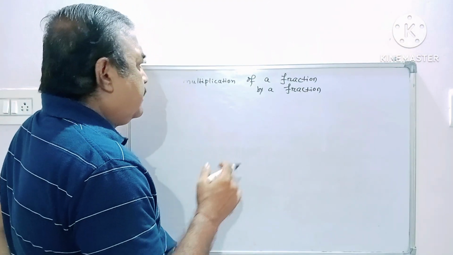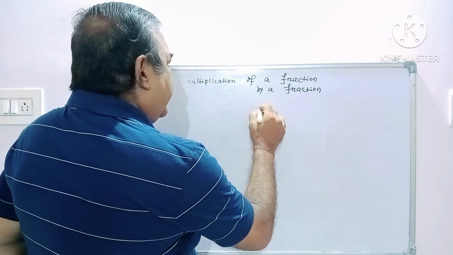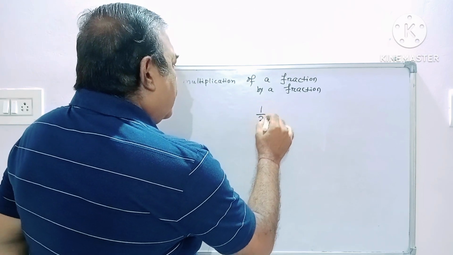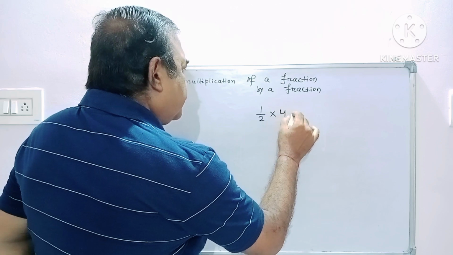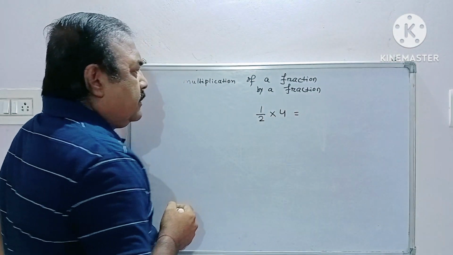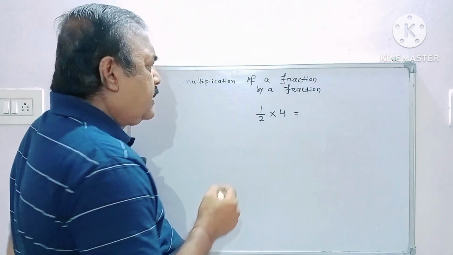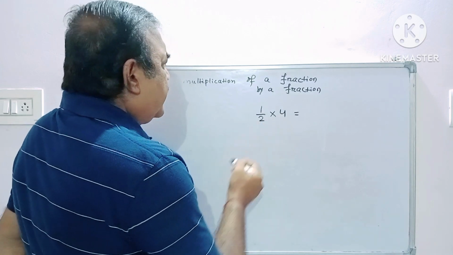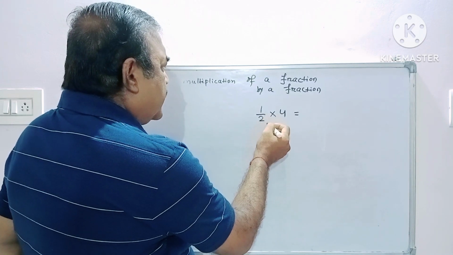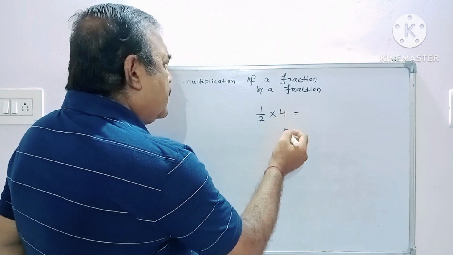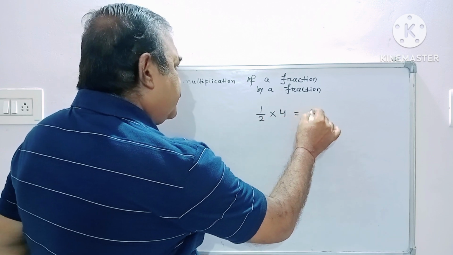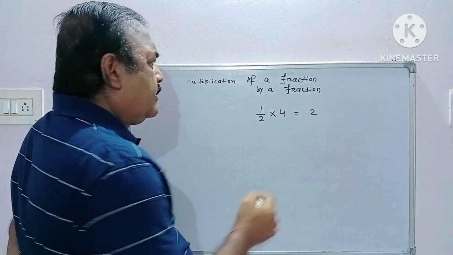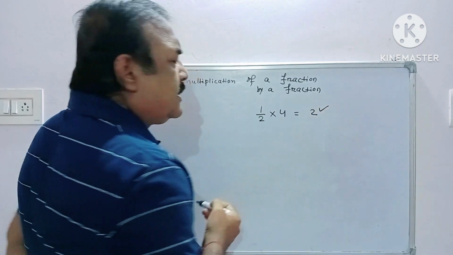So let us start. But before going to that, if I write 1 upon 2 into 4, so how do you do it? You just, by the common factor 2, cancel 2, 2 1s are 2, 2 2s are 4, and you write 2. It's okay, and you find the result 2.